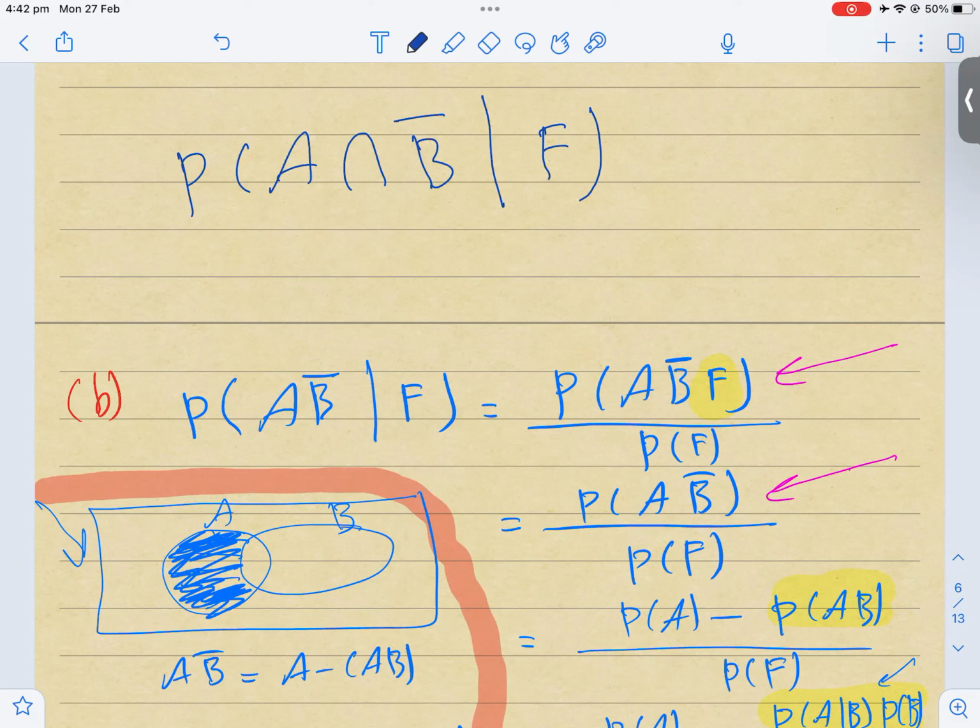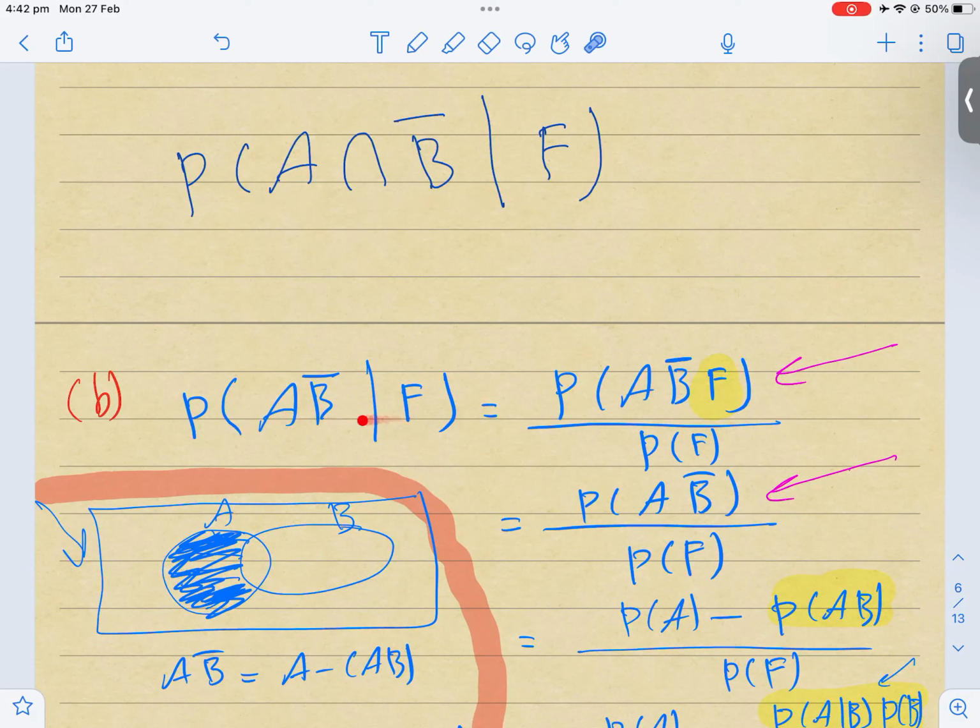What I follow is just relying on the principles, the original definitions, and here the conditional probability is the definition of this probability.